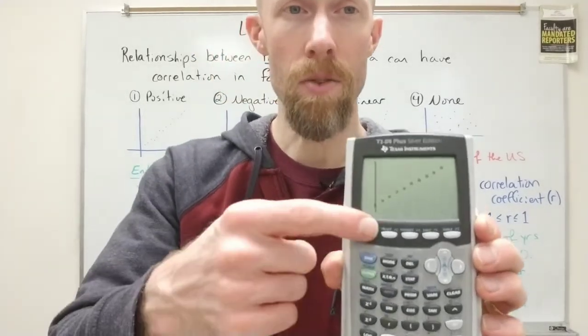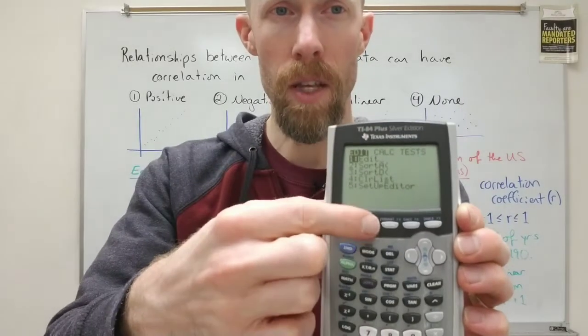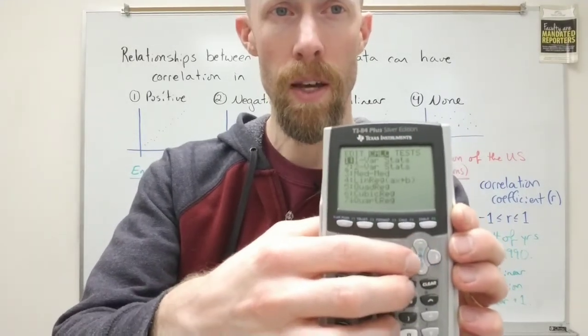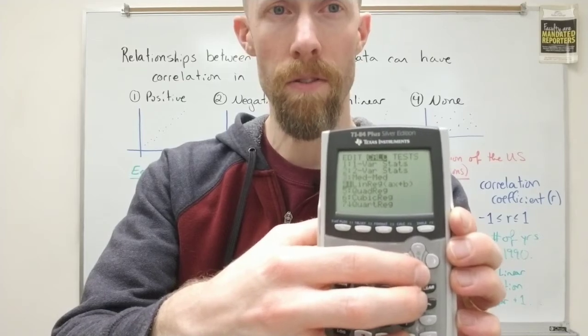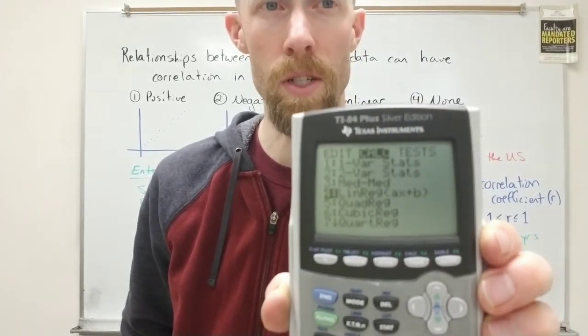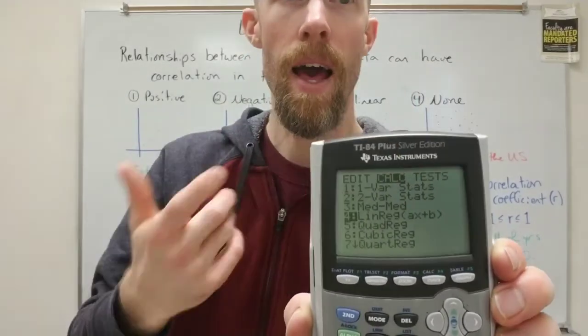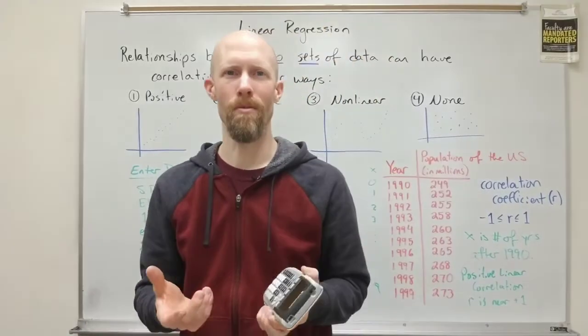If you ever needed to do that, it's under the Stat button again, and you go over to the Calculate menu, and you go down to the fourth one. Yeah. The fourth one is LinReg, linear regression. It has an AX plus B, you can kind of see in the parentheses there. AX plus B is kind of your slope-intercept form.